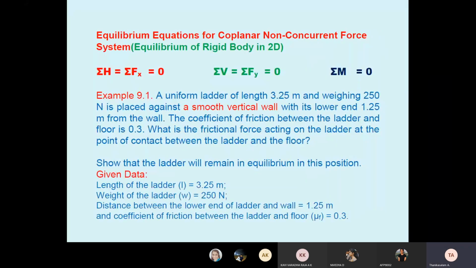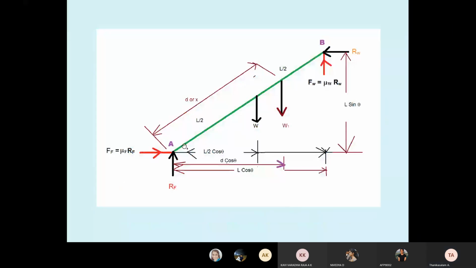Then the equilibrium equations. Why are we using equilibrium equations? To find the unknown values. See here, the ladder, all the forces are acting at different points. The forces acting at A are RF and FF. Similarly, the weight is acting at the middle of the ladder, and W1 is acting at some point on the ladder.